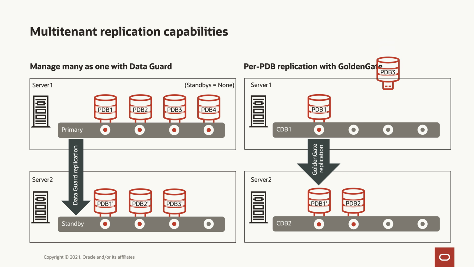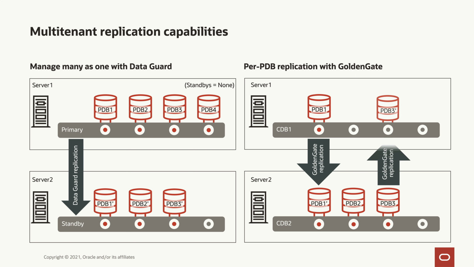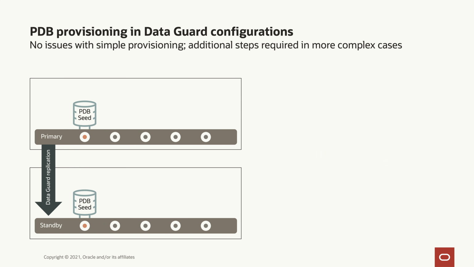With GoldenGate, it is possible to have bidirectional replication between CDBs, as is shown here. This can even be used in an active-active configuration, which is a key capability for supporting a truly zero downtime upgrade.